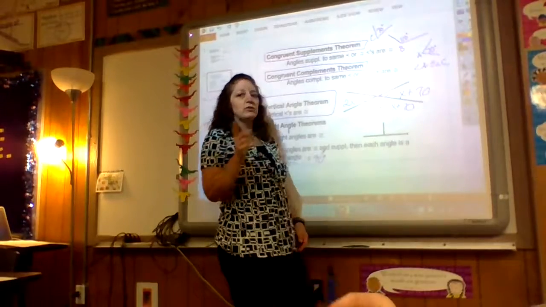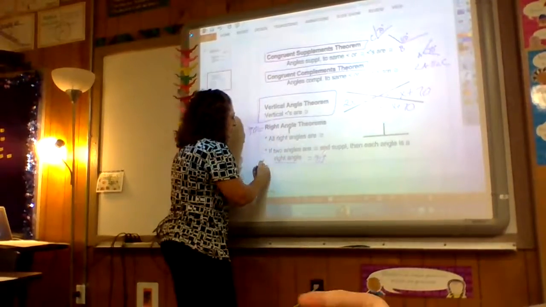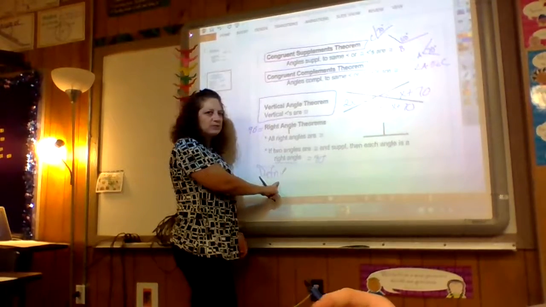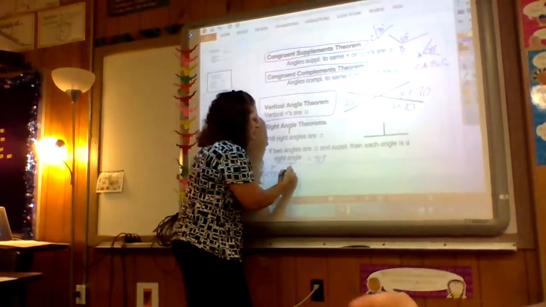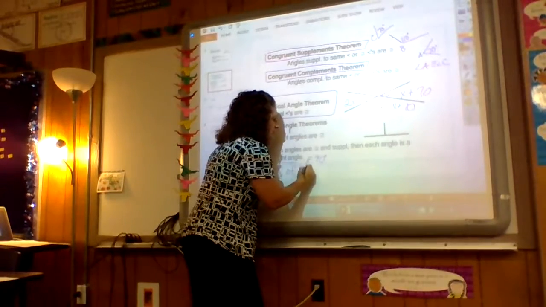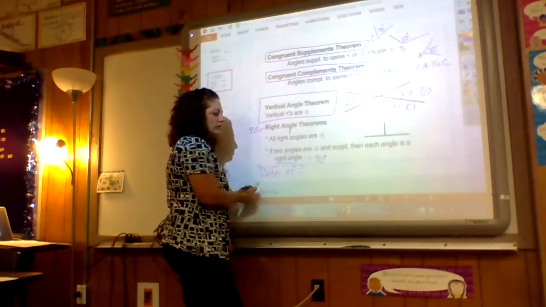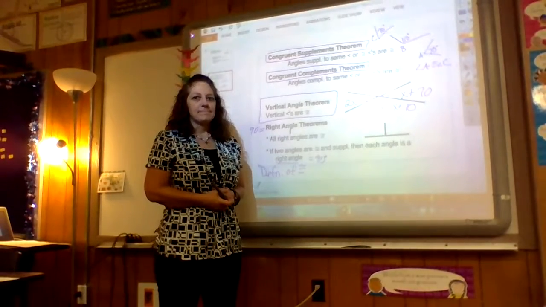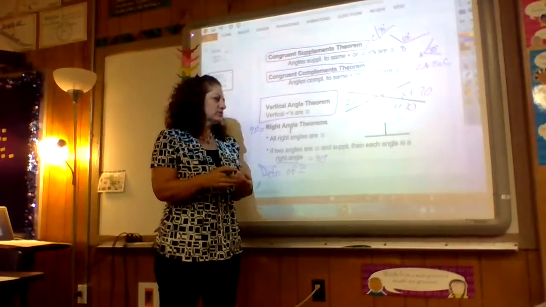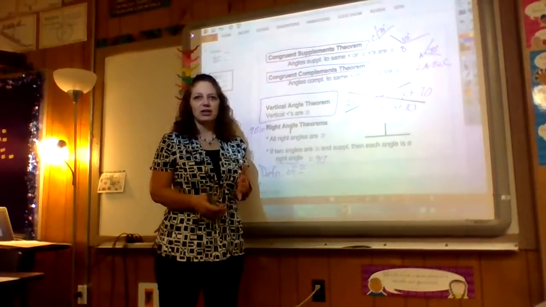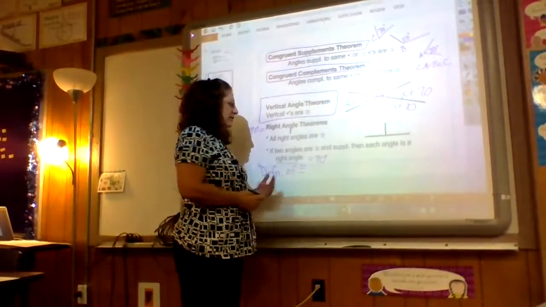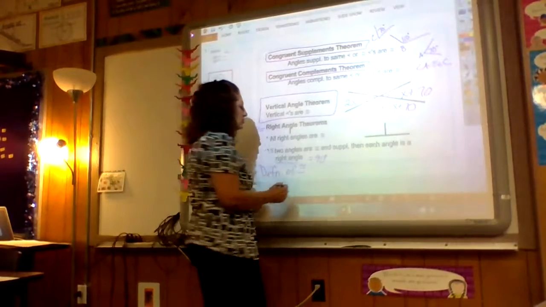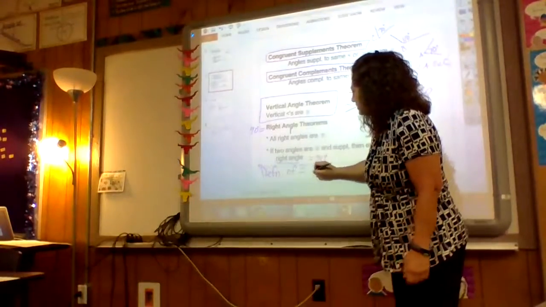Okay, we're going to add one more definition here. We've actually already done the definition, but it's about to be used in a proof. So definition, this is my abbreviation, DEFN. Definition of congruence. What does it mean to be congruent? To be equal measurements. Like same size, same length, same shape, right? So that means that the congruent symbol and the equal symbol can really be used interchangeably.